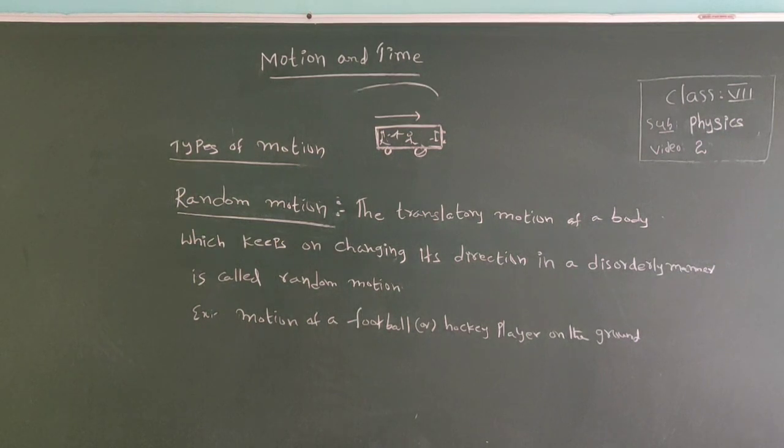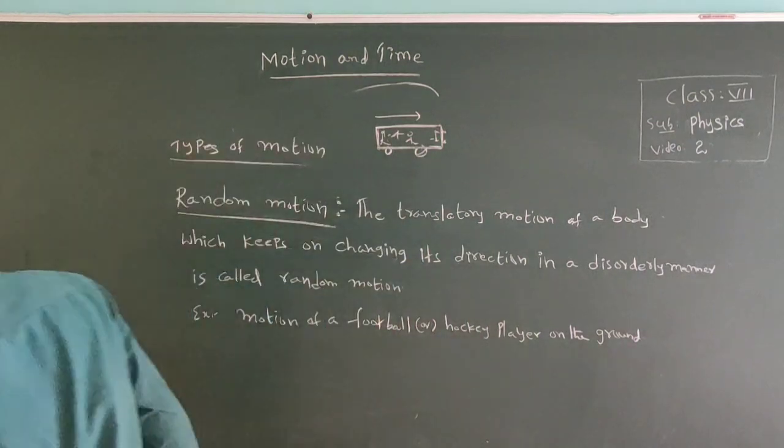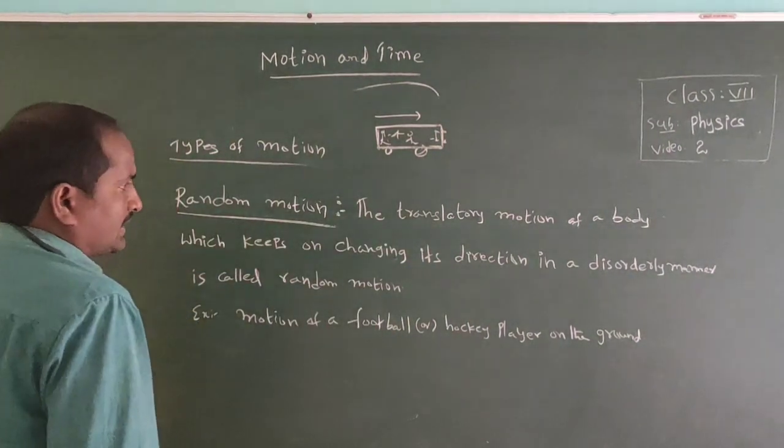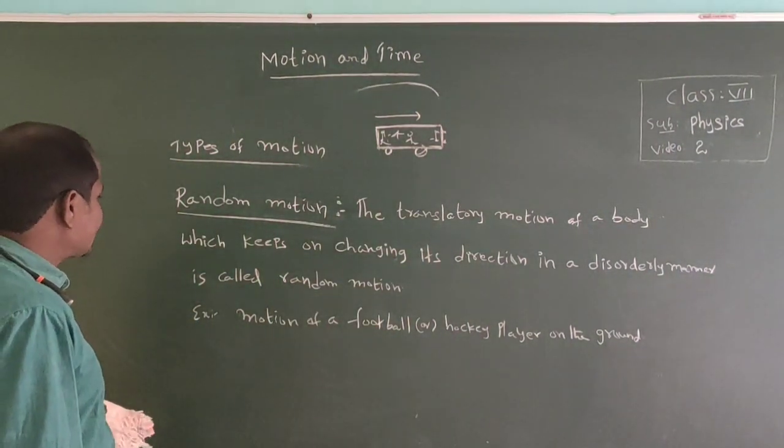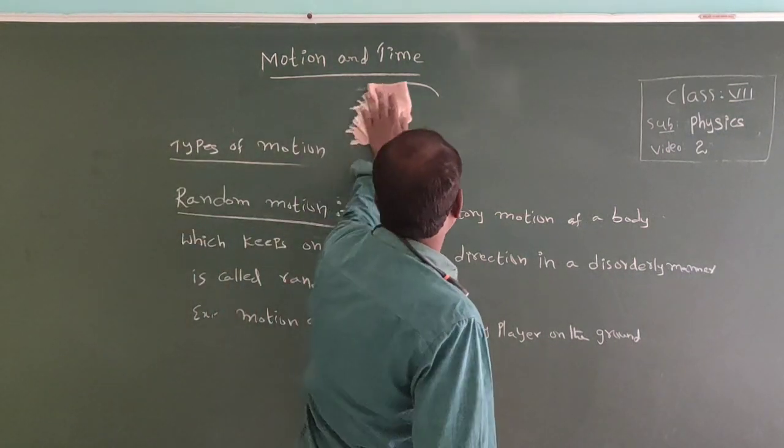Next one, random motion. The translatory motion of a body which keeps changing its direction in a disorderly manner is called a random motion.